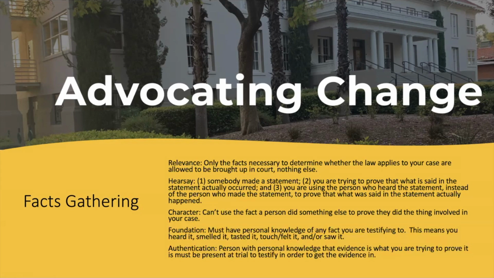Just like just because I hit someone in a fight on July 30th doesn't mean that I also hit somebody in a fight on September 1st that is involving you or your case. Okay, so you can't use that. You could use it for other purposes, and we'll talk about that.